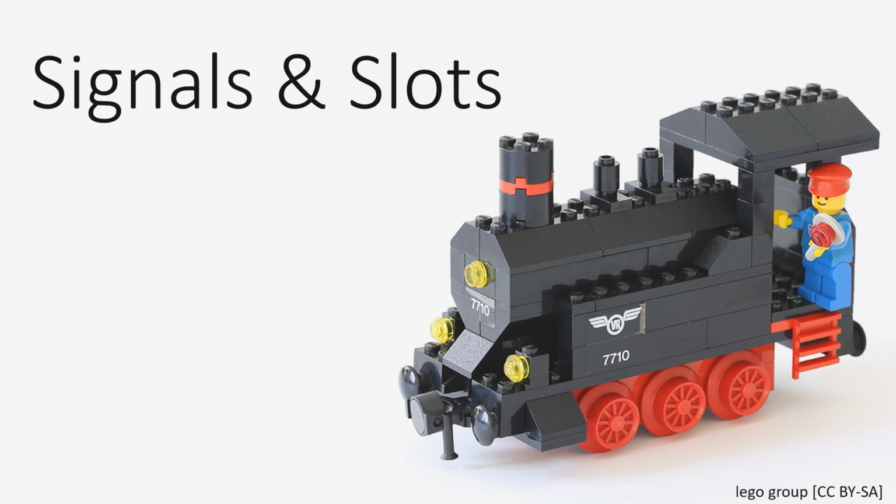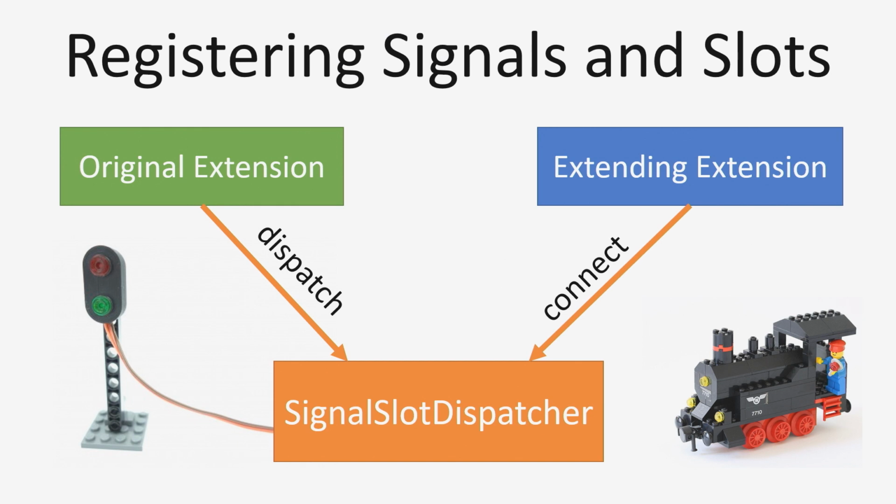The first thing we want to understand now is really how signals and slots work under the hood, and what the difference is between signals and slots and hooks, which have been there much longer in the TYPO3 project. So when I want to use signals and slots, I have to connect my extension to the slot, and I have to dispatch a signal to the signal and slot dispatcher.